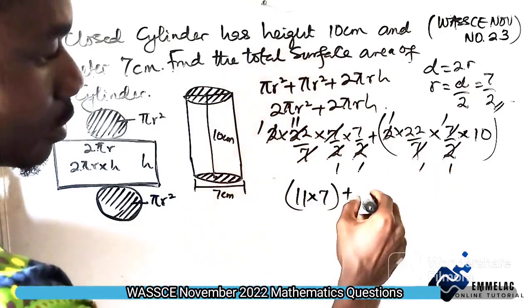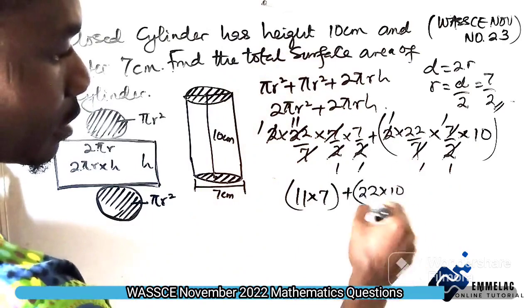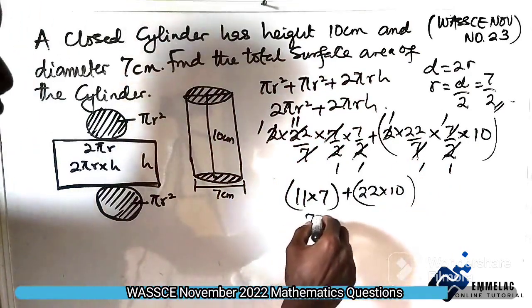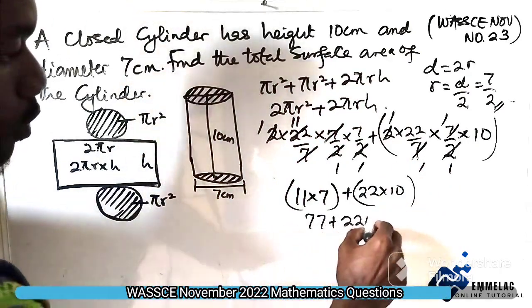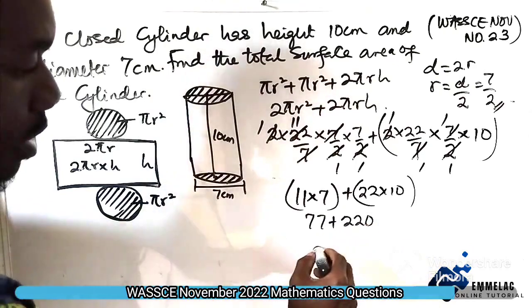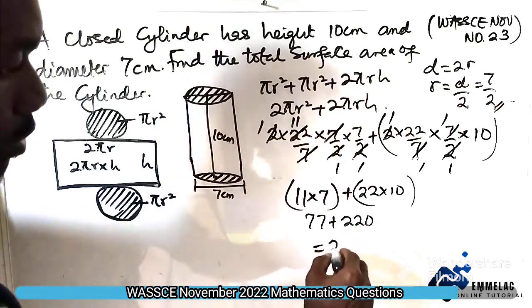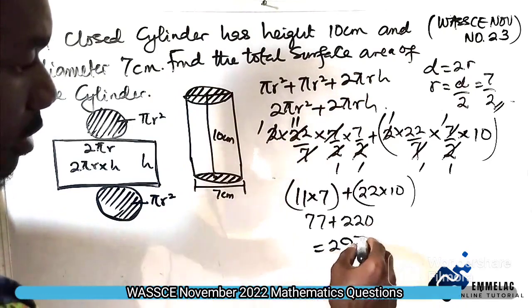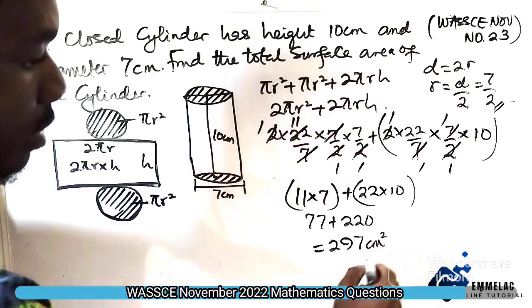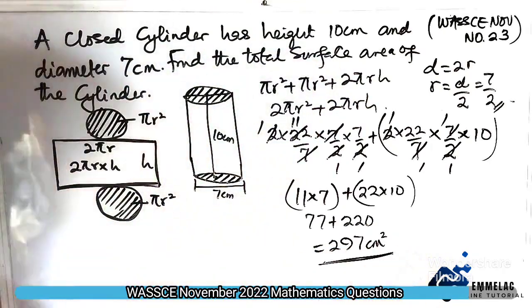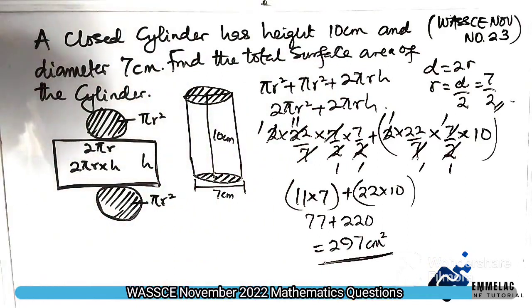Then plus 22 times 10. So this will give us 77 plus 220, and when you add both of them, we have 297 centimeter square. Alright, this is the final answer.